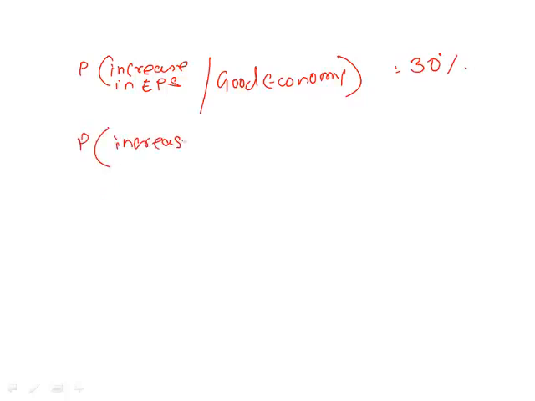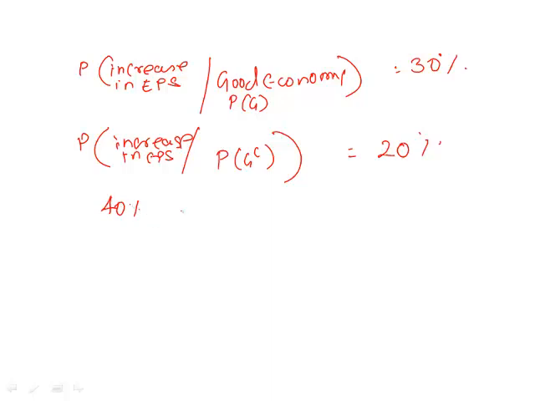Let me call good economy G. So the probability of an increase in EPS given G complement, which means the economy is not good, let us say is 20%. Then there is a 40% probability of having a good economy.